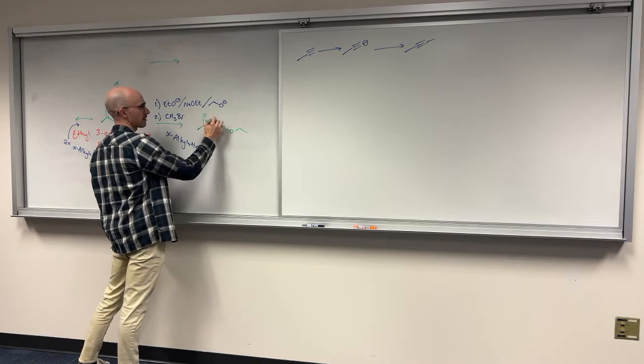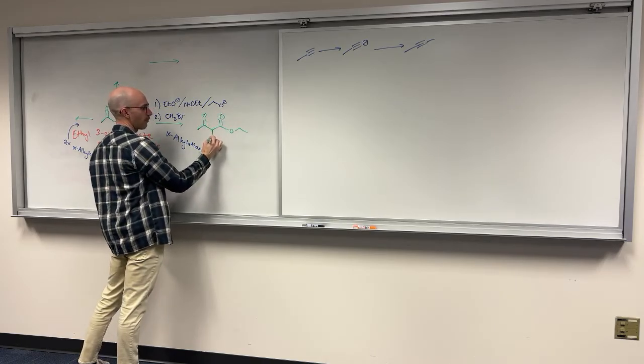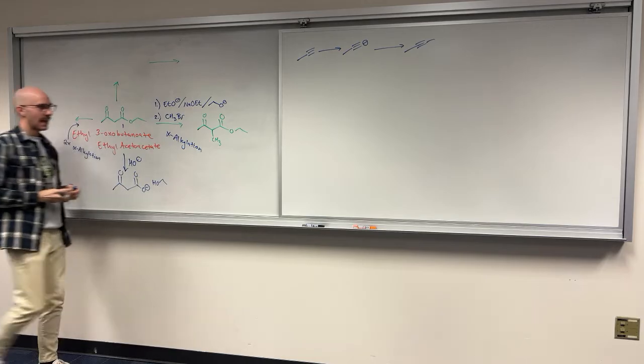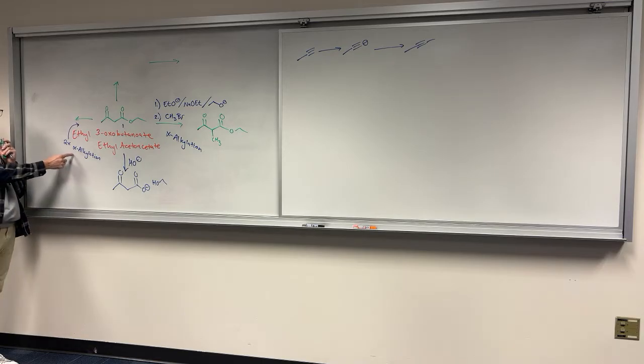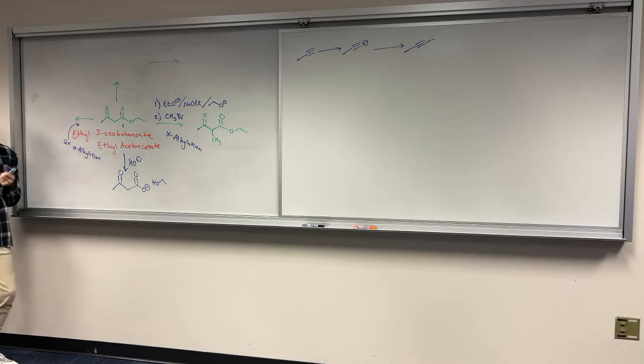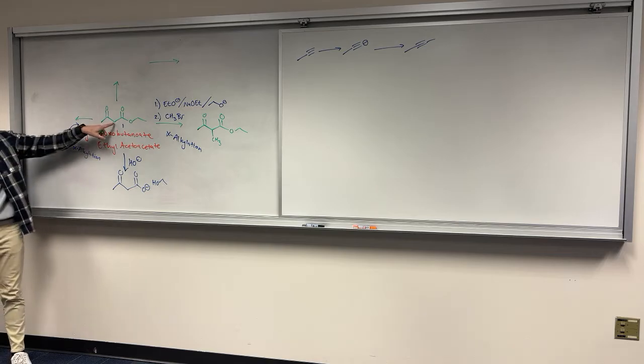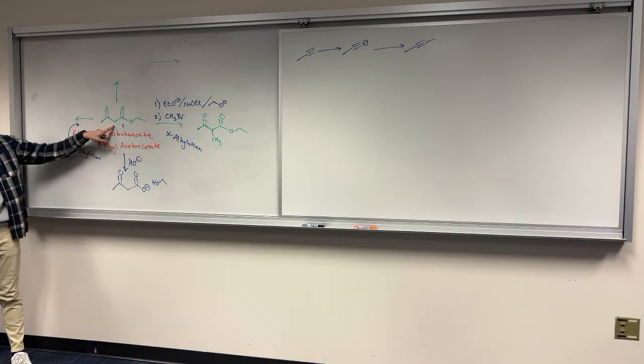Our carbon chain stays the same, but the alpha position is now alkylated. And again, we can do that twice if we have more than one alpha hydrogen that can be removed and turned into a nucleophile.